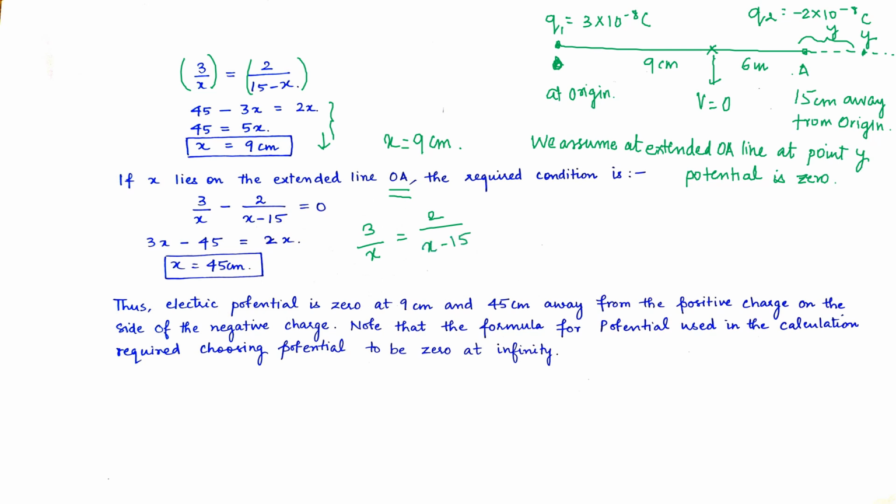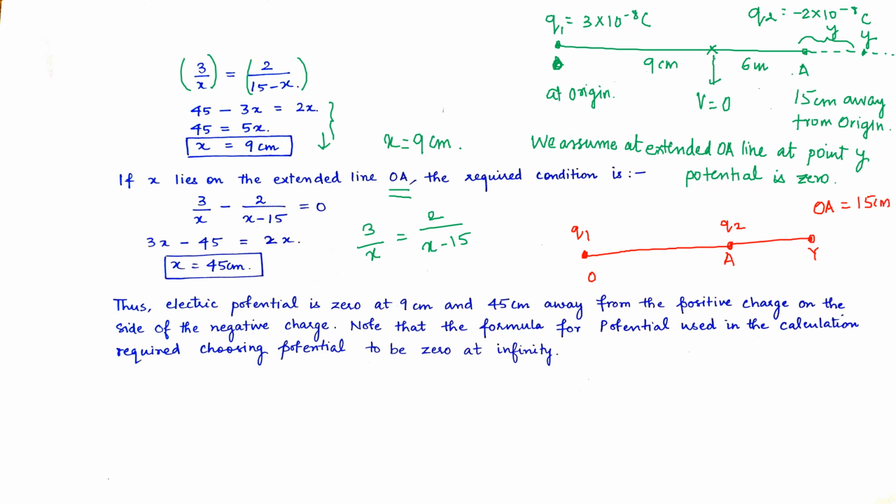How did this value come? See, understand it. I am making the diagram in red. Q1 is over O and Q2 is over A. Extended point is over Y. OA is not assumed, it is given in the question: OA is 15 centimeter.